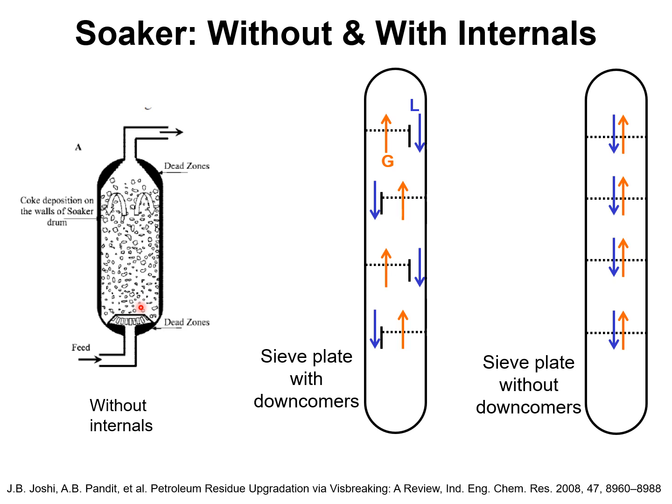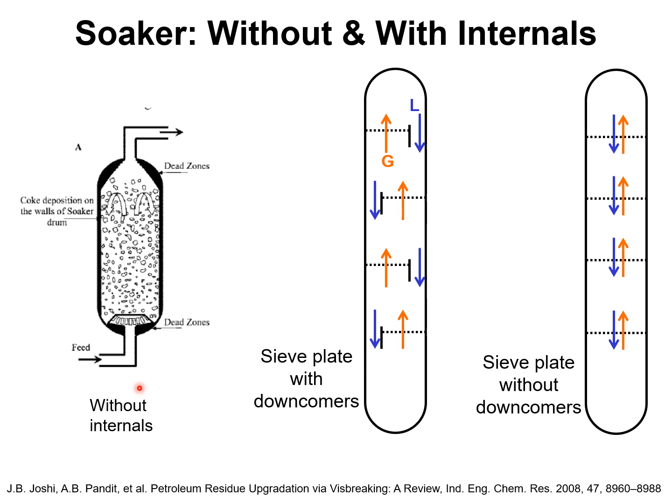This high degree of back mixing leads to a wide residence time distribution, and consequently there is overcracking of the hydrocarbons within the vessel. Furthermore, there is a downflow of liquid along the walls of the column, leading to coke deposition and perhaps coke buildup.